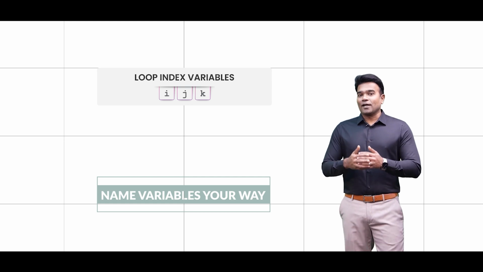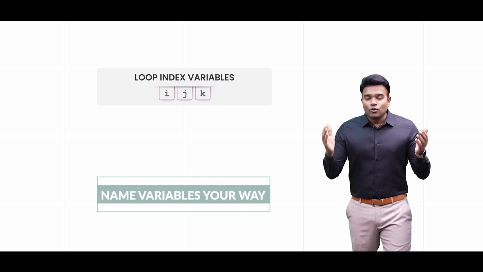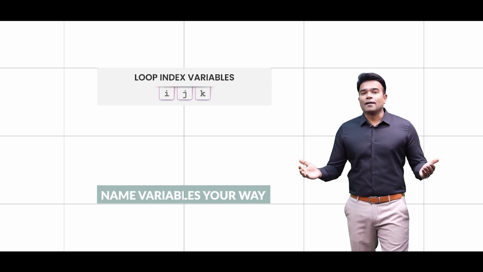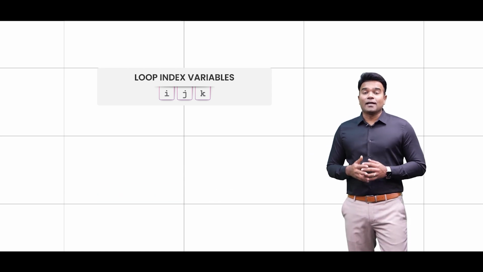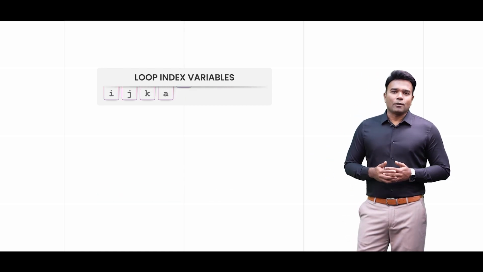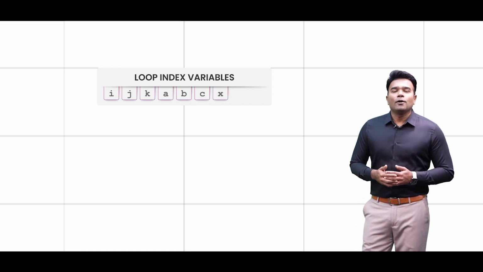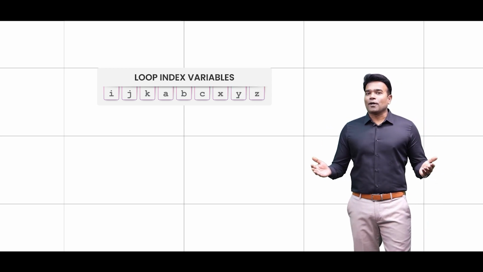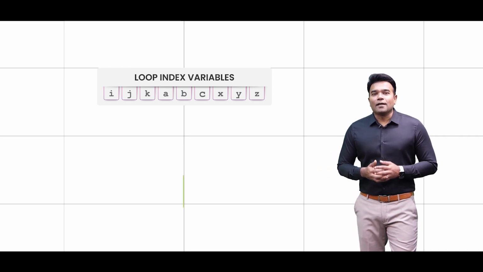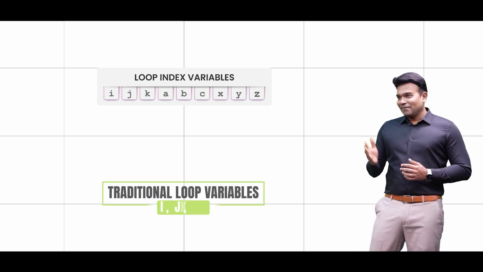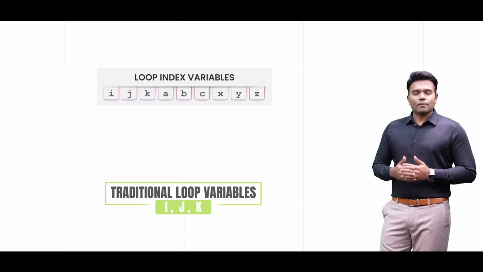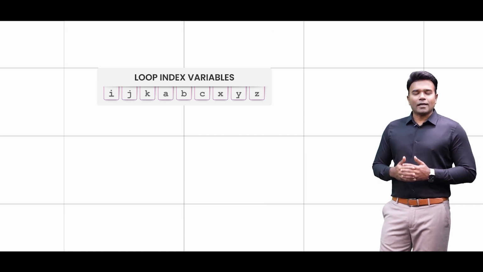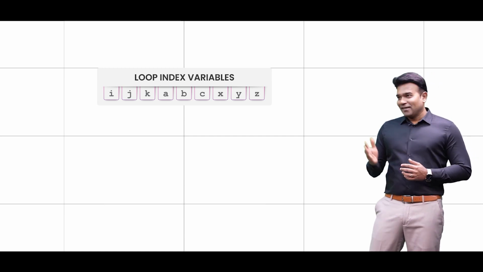It's not a compulsion that you have to make use of only i or j or k. You can make use of any variable name such as a or b or c or x or y or z. Whatever variable name you wish to give, you can definitely give. But it's a normal programming practice that whenever loops are associated, we make use of the variables i, j or k as the loop index variables.